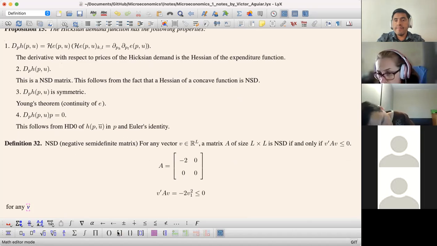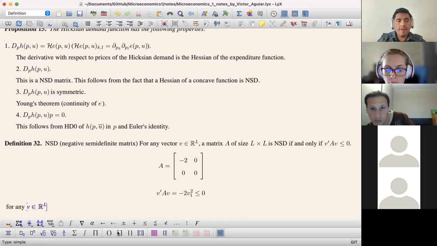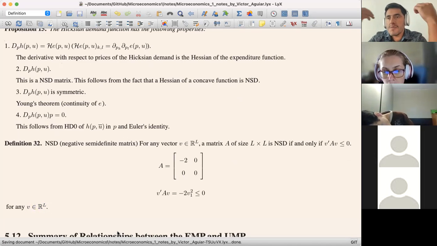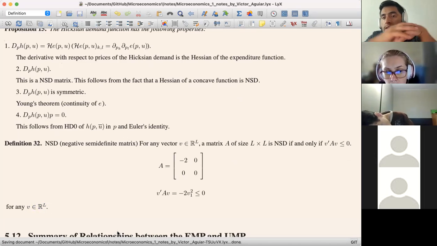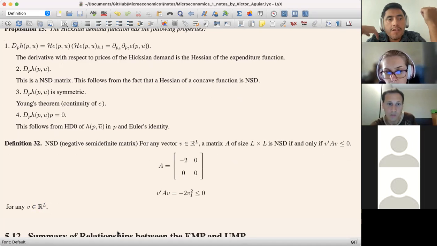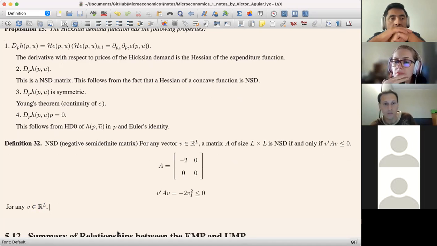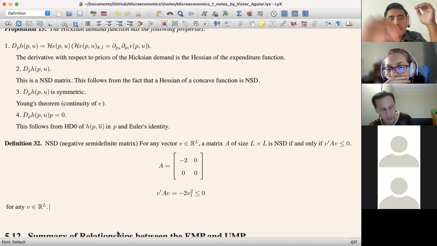Okay, do you agree? So that's basically the negative semi-definiteness, a way to give signs to matrices. And negative semi-definiteness is going to be something that I'm going to use from now on. This essentially follows from the fact that the expenditure function is concave.